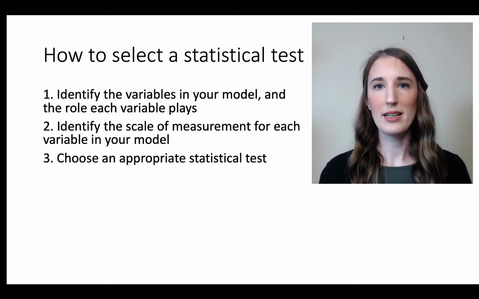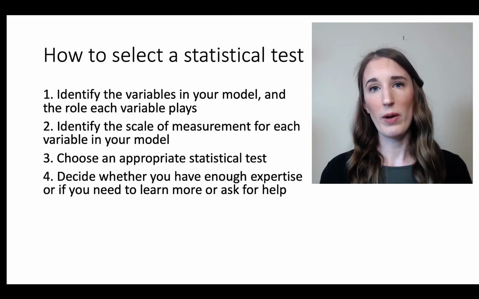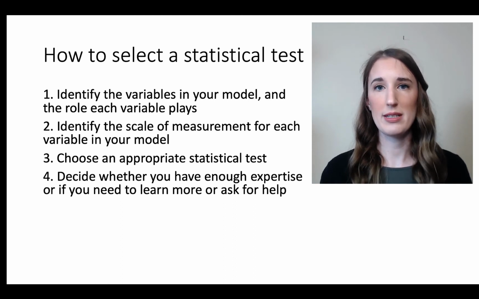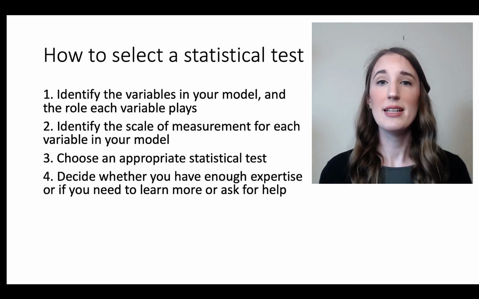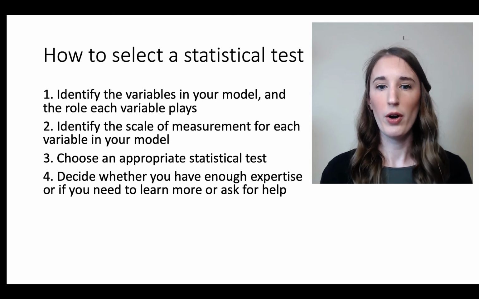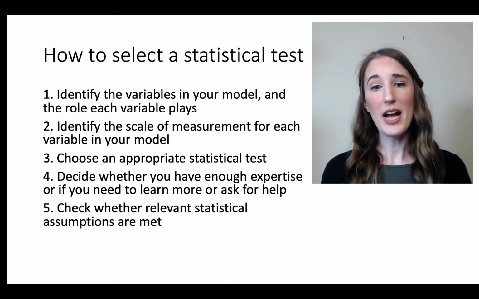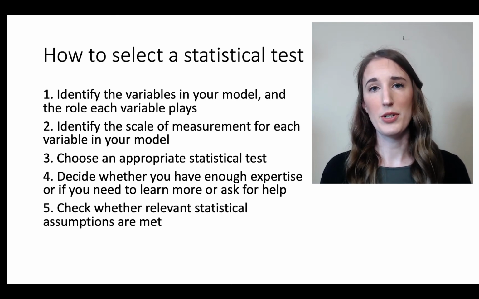Once we've selected an appropriate statistical test, or if we've decided we're still not quite sure which statistical test is best, it's time to move on to step 4. We need to decide whether we have enough experience, expertise, and comfort with the statistical test that we've chosen to conduct the analyses ourselves, or if we need to learn more or ask for help. Then we need to check whether the relevant statistical assumptions are met.